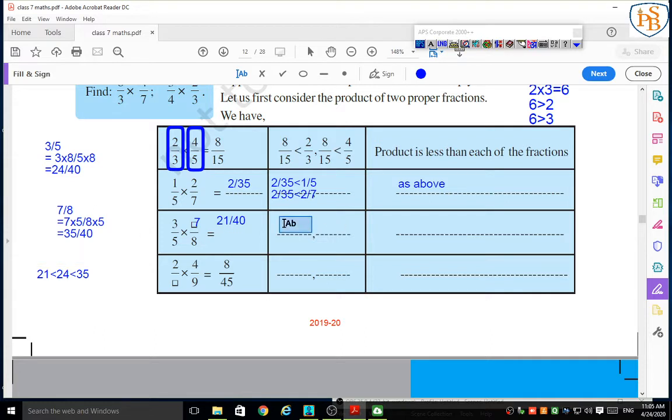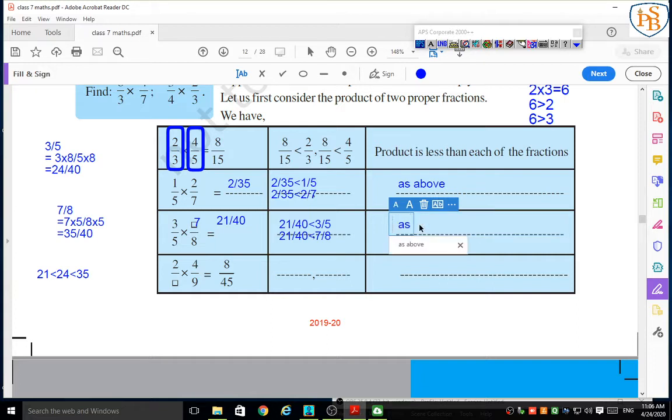That means I can write that 21 upon 40 is smaller than 3 upon 5, and again 21 upon 40 is smaller than 7 upon 8. So I am writing it as above, but you have to write a full sentence.